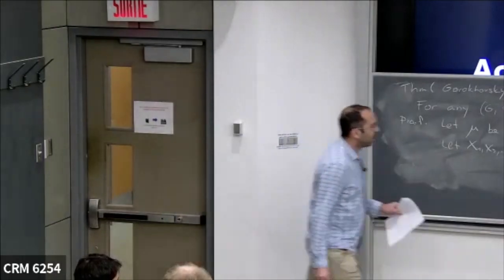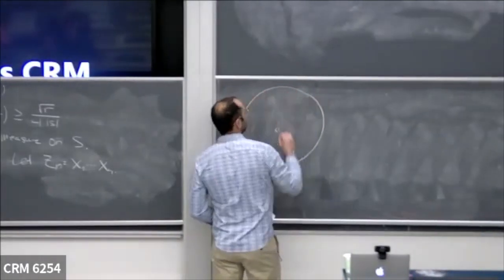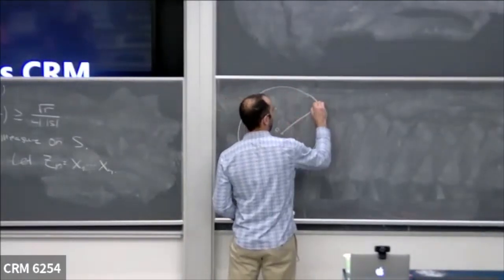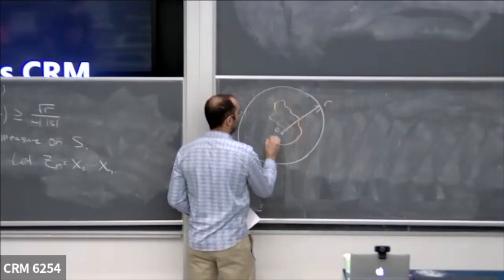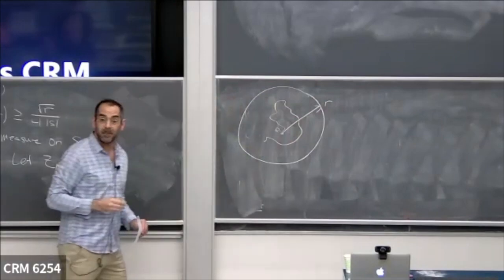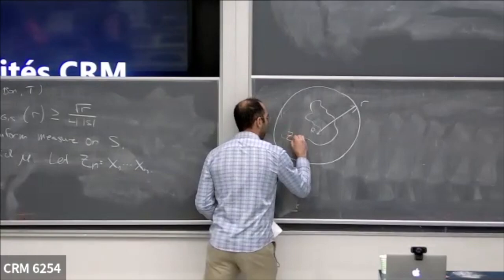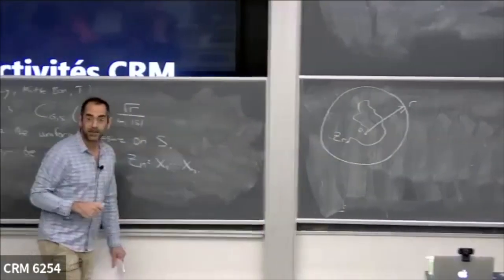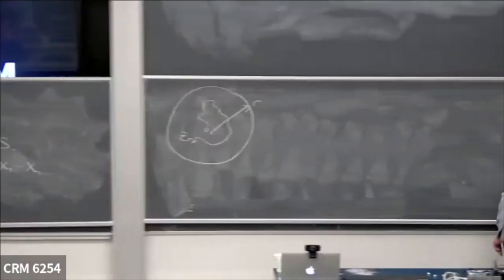So I have my group with the identity, and I have the ball of radius r, and I'm going to do this random walk for r steps. I'm going to end up at some point Zr, and this point is going to be in the ball of radius r.